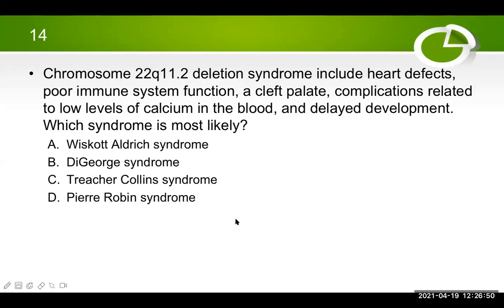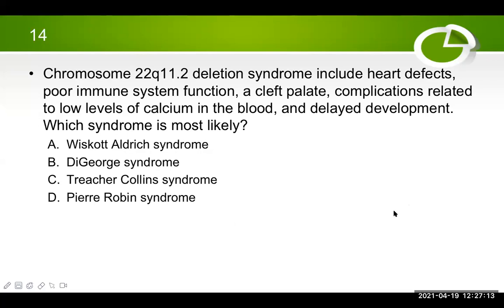Okay, now number 14. Chromosome 22q11.2 deletion syndrome includes heart defect, poor immune system function, a cleft palate, complications related to low levels of calcium in the blood, and delayed development. Which syndrome is most likely here? Straightforward question. DiGeorge syndrome.